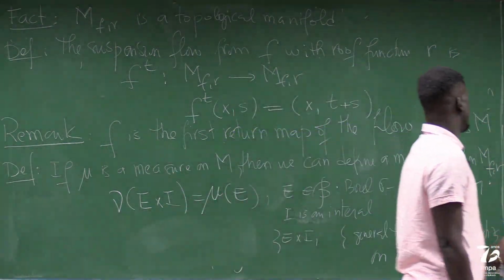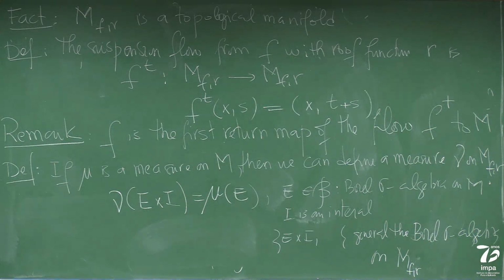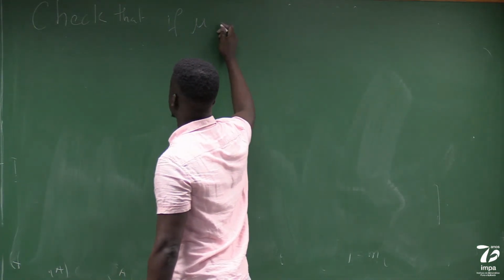And you can check that if mu is F invariant, then nu is F_t invariant.